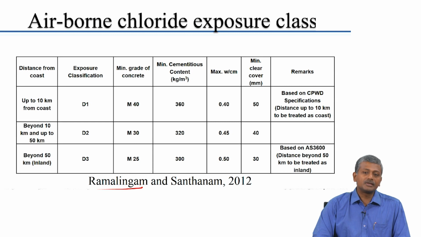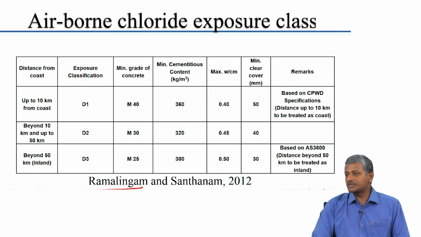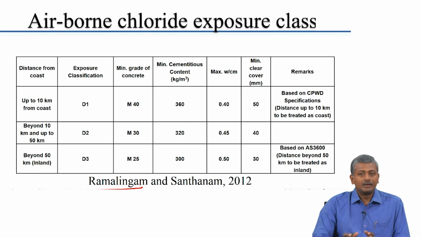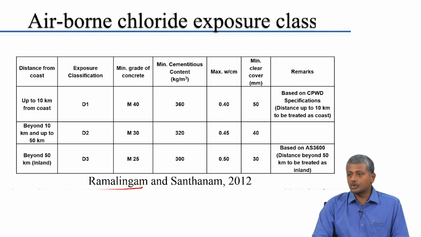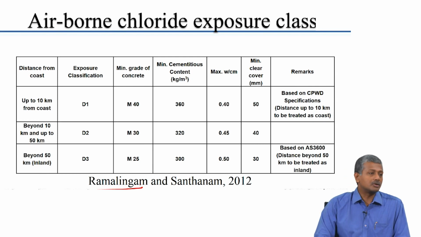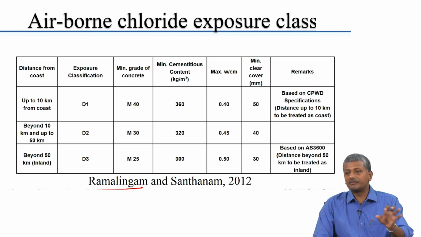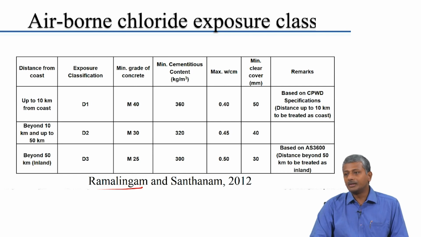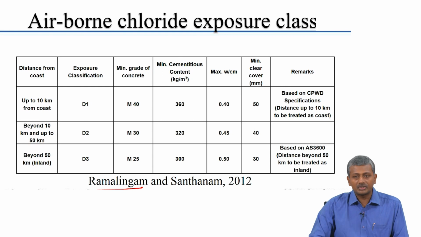So, for CPWD construction, the concrete mix proportions that were chosen based on the exposure environment taken from IS 456 led to sometimes inappropriate choices for the water to cement ratio and the cement content. Okay. So, based on that, and based on the fact that so much development has taken place around the world, especially in the European standards and American standards, what we did was try to bring those about and apply them to how we can change exposure classifications in Indian construction.